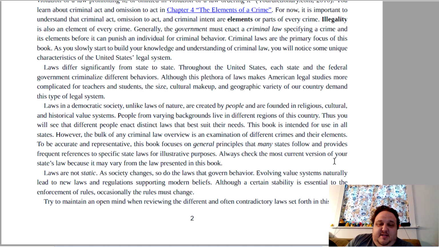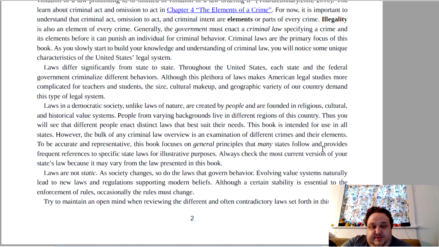But the important thing to remember is that because we're a democratic republic, because we're a democracy, laws are developed by people. This means that the people who make those decisions and put those laws forward come from their religious, cultural, and historical value systems. So remember that laws change based on who makes them.